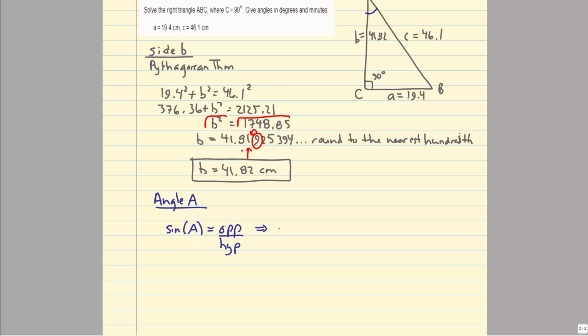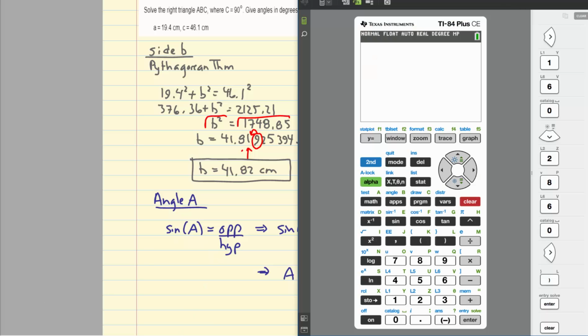And I have one of those legs. So I have the sine of A. Opposite leg is 19.4, and the hypotenuse is 46.1. So this would mean that A would equal the inverse sine. I would take the inverse sine of both sides, or the arc sine of 19.4 over 46.1. So let's go ahead and grab our calculator. So we'd want the inverse sine.